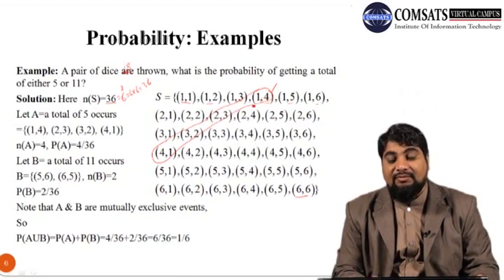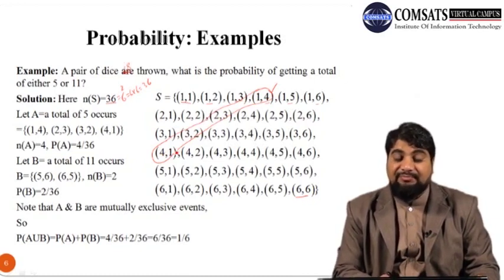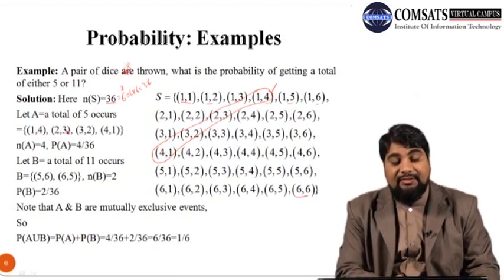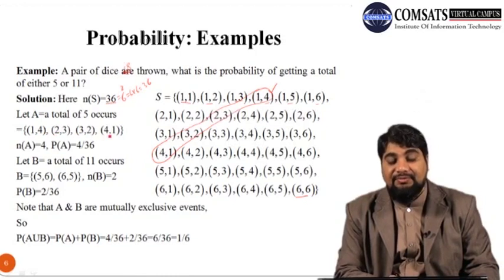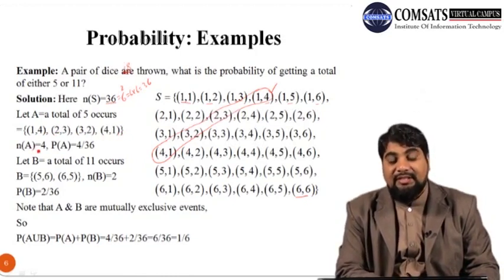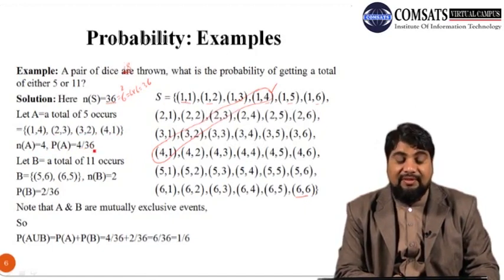So 1 plus 4 is 5, 2 plus 3 is 5, 3 plus 2, and 4 plus 1. So we get 1 4, 2 3, 3 2 and 4 1. The number of sample points in A is 4, so the probability of A is 4 out of 36.